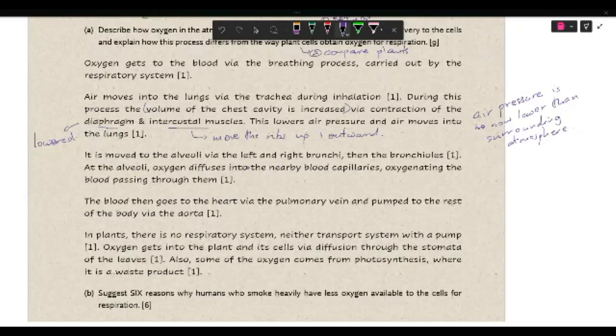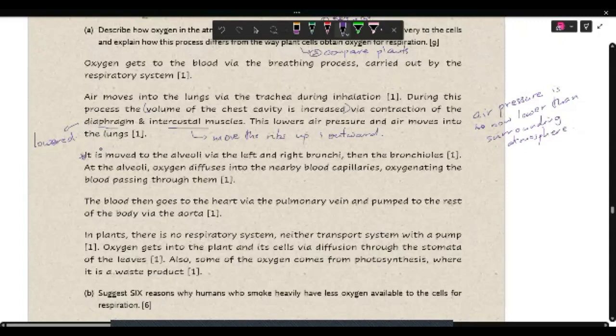So now that it's in the lungs, we describe the pathway of the air, once it's in the lungs, what is the path it takes to the alveoli. So it's passing through the left and right bronchi, and then into the bronchioles, and then it would get to the alveoli. So that's what we're saying in this sentence here. All right.